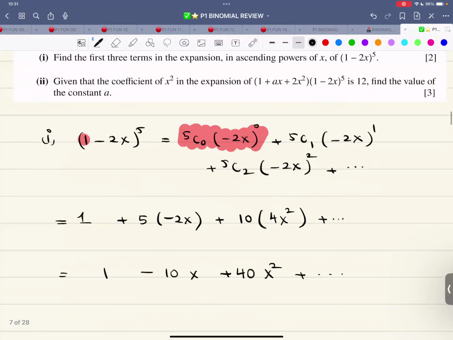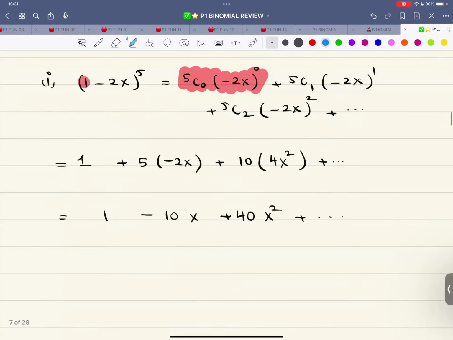Given that the coefficient of x square, I'm reading the next statement. So the first statement is this. The next statement is over here. Given that the coefficient of x square in the expansion of this bracket multiplying with this is 12, find the value of the constant a.